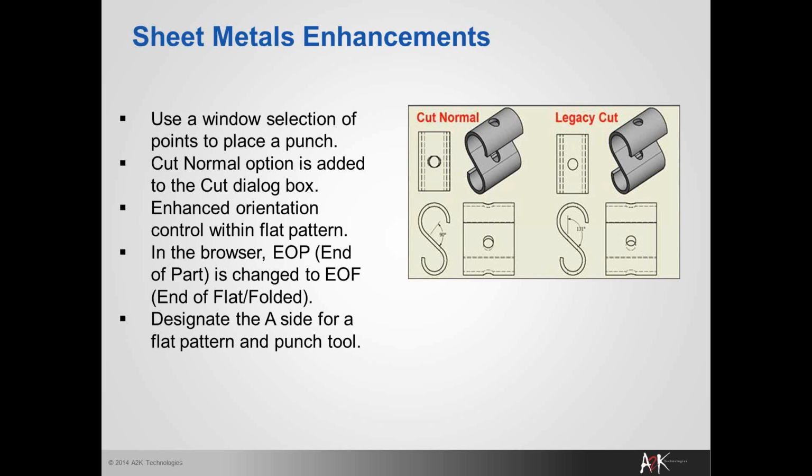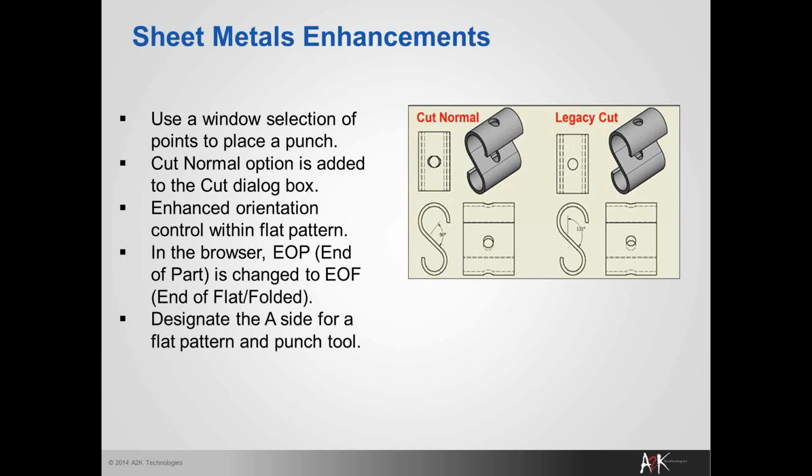Enhanced orientation control in the flat pattern environment, so we've now got a lot more control over what position the flat pattern's in on the drawing sheet, etc. It's not just horizontal and vertical anymore. In the browser for the part, sheet metal parts, end of part is now being renamed to end of flat folded.